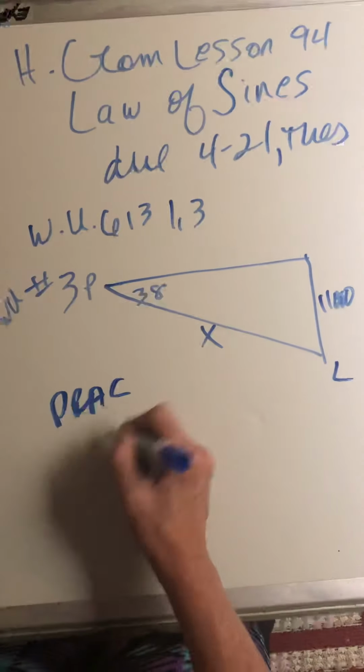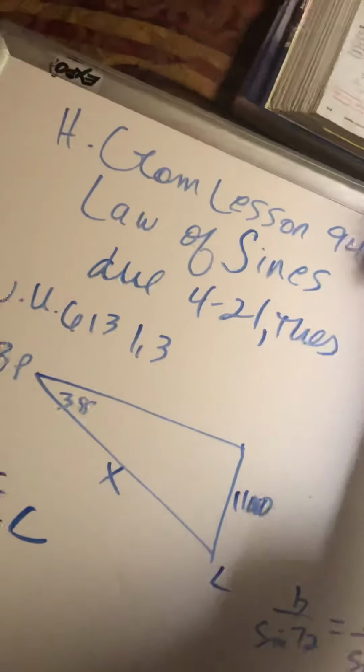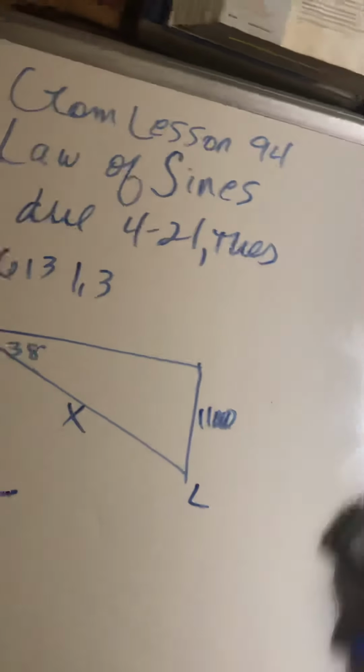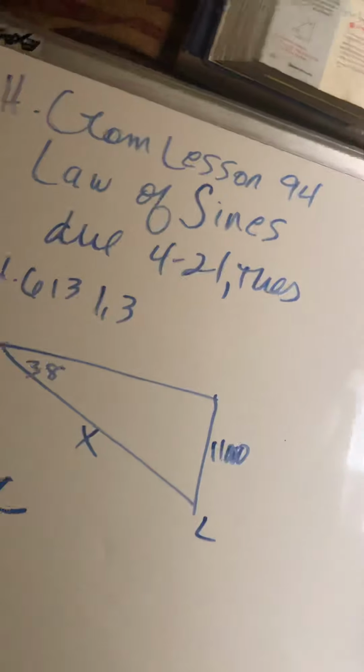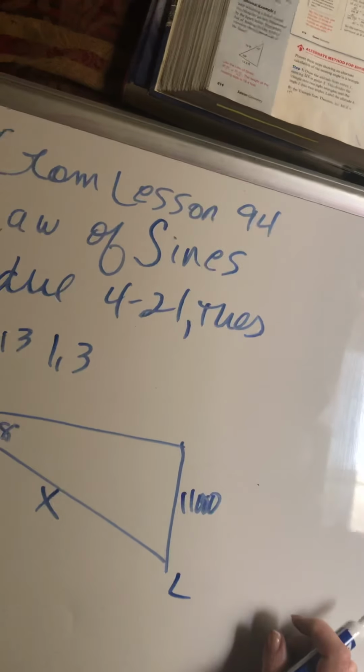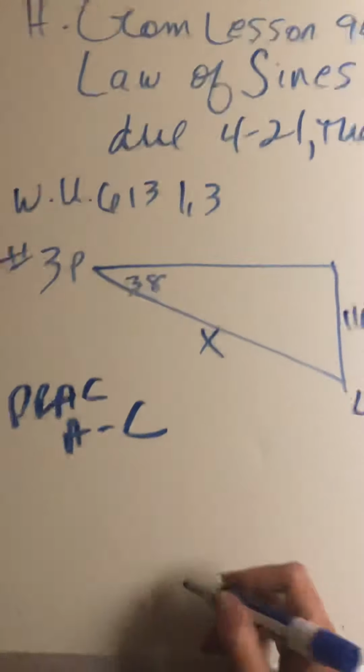Then you're going to do the practice A through C. And I want to set up C for you as well, right quick. So on C, it says, Marissa and Hector walk away from each other on straight paths that make a 66-degree angle.